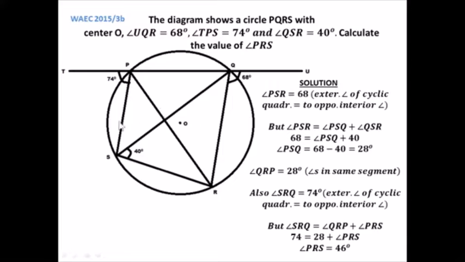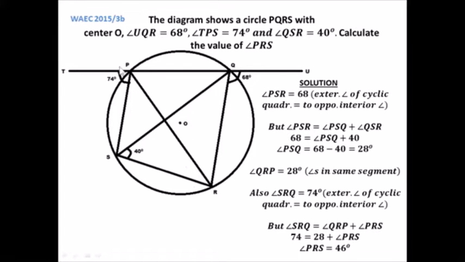We also know that this angle here, PSQ, which we just found, and this angle here, they have a relationship. They are in the same segment. We also have another theorem saying that angles in the same segment are equal. So this angle here is equal to this angle here, 28 degrees. Now our aim is to find this angle from the question.